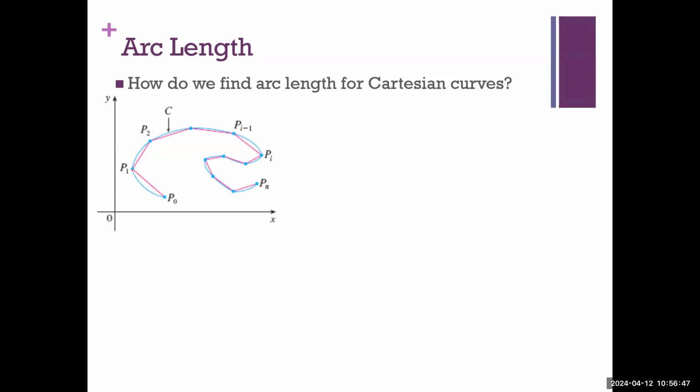So how do I find this length along a straight line? Doesn't it just come from a small change in x and a small change in y? This is kind of how we set it up before, right? So there's a small change in x and a small change in y. How do I use those changes in x and y to find the hypotenuse there? Square root of dy squared plus dx squared, right?